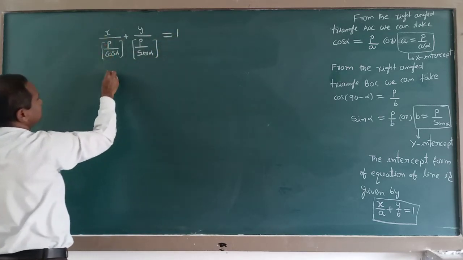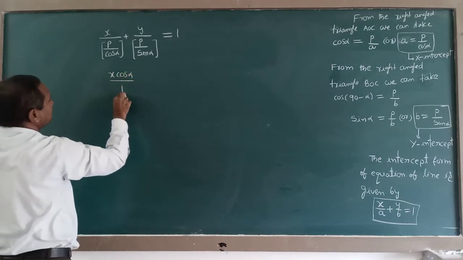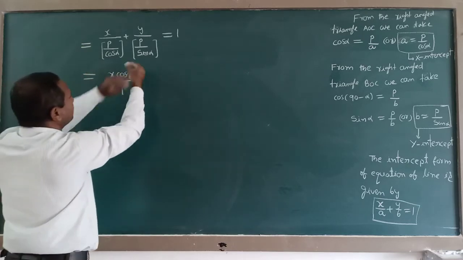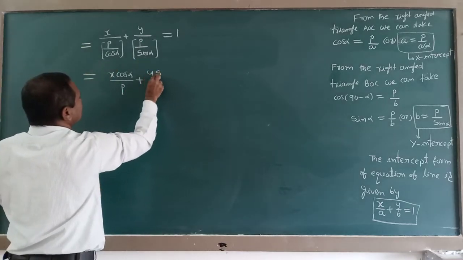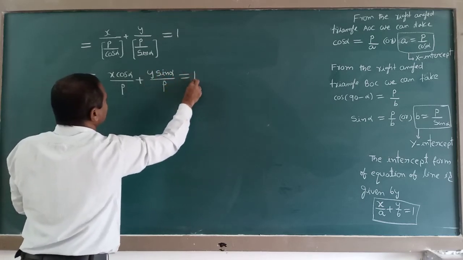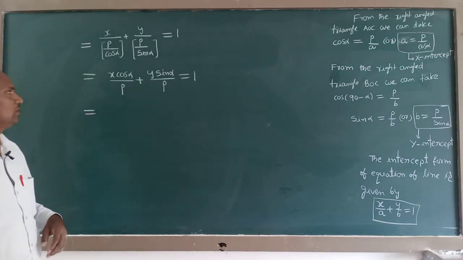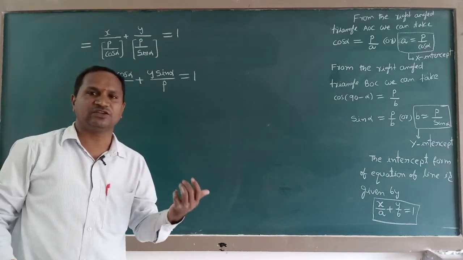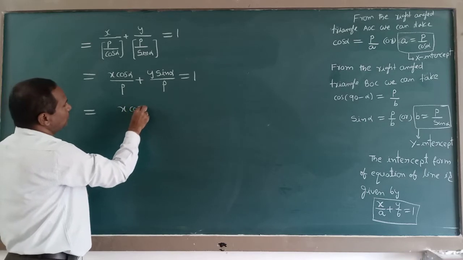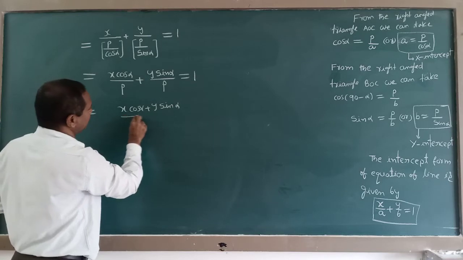Taking the reciprocals, we get x cos alpha divided by p plus y sin alpha divided by p is equal to 1. The denominator is the same for these two fractions, so directly we can add the numerators: x cos alpha plus y sin alpha divided by p is equal to 1.